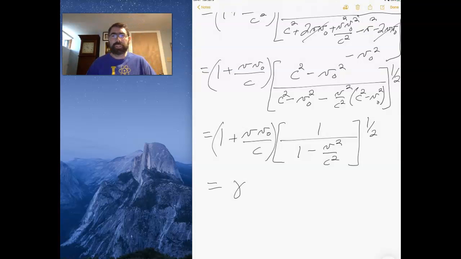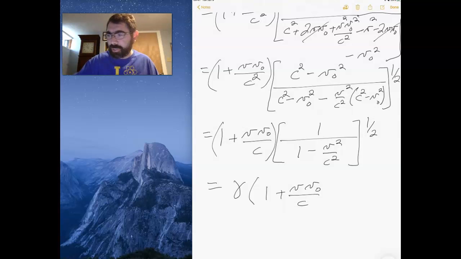Now this is the gamma of S measured with respect to S0 times 1 plus V0 over C squared. Gotta make sure I don't forget all my squareds. Like so. Okay.